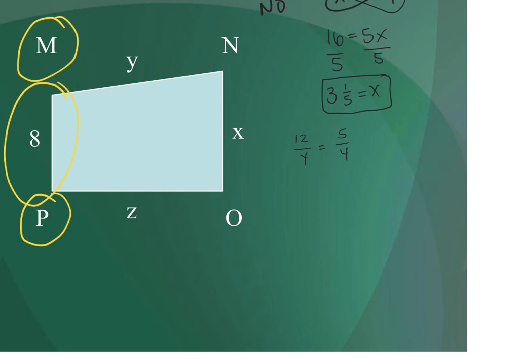What do I get when I cross multiply? 5y equals 48. Divide by 5, divide by 5, y equals, let's simplify 48 over 5. Well, it doesn't simplify, but yes, we can take out a 9. Goes in 9 times. What's left over? 3 over 5.